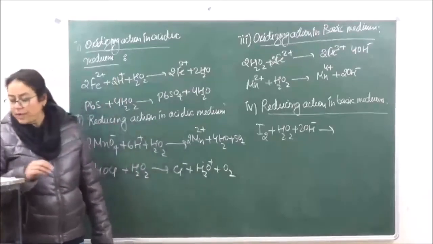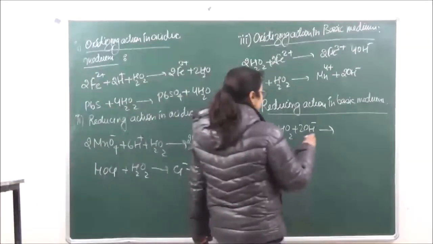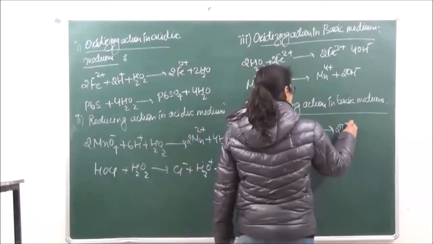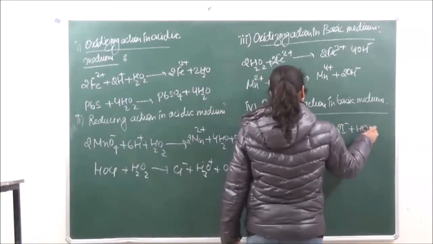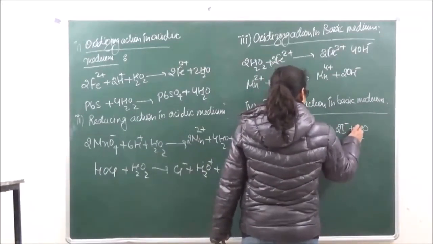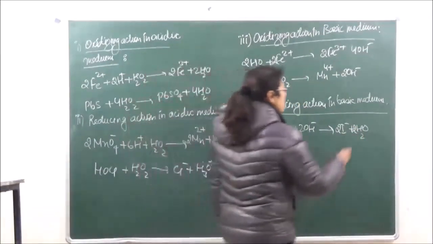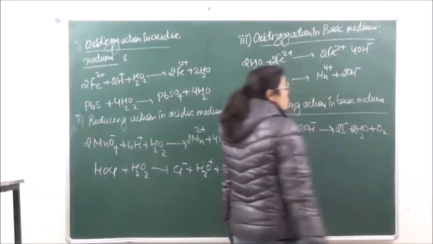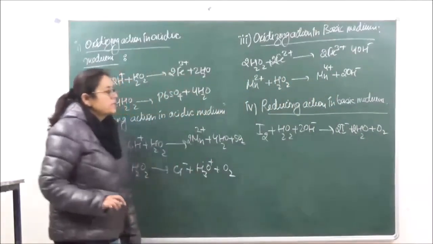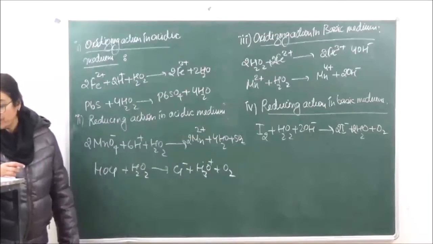This is going to be converted to iodide ion. H2O2 plus oxygen, right? 2H2O plus oxygen. This is going to be the reaction over here.